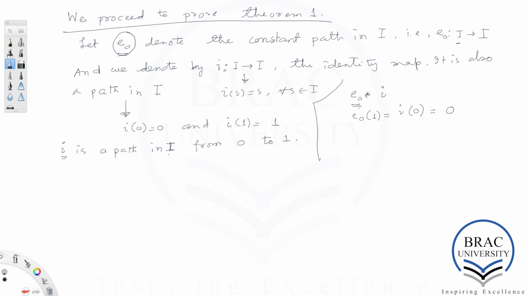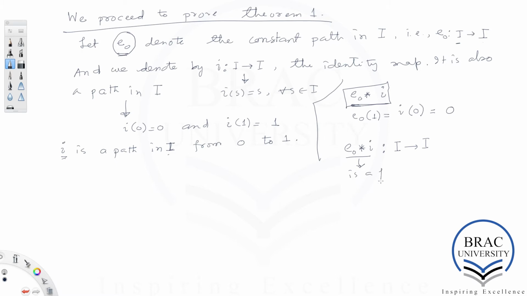So we can talk about the path E0 star I from I to itself. It's a map from I to itself, and it's a path in I.